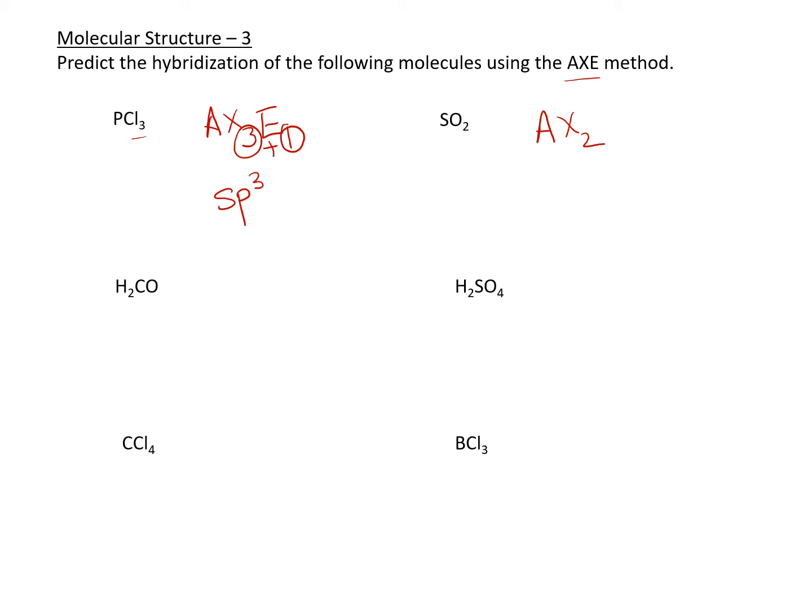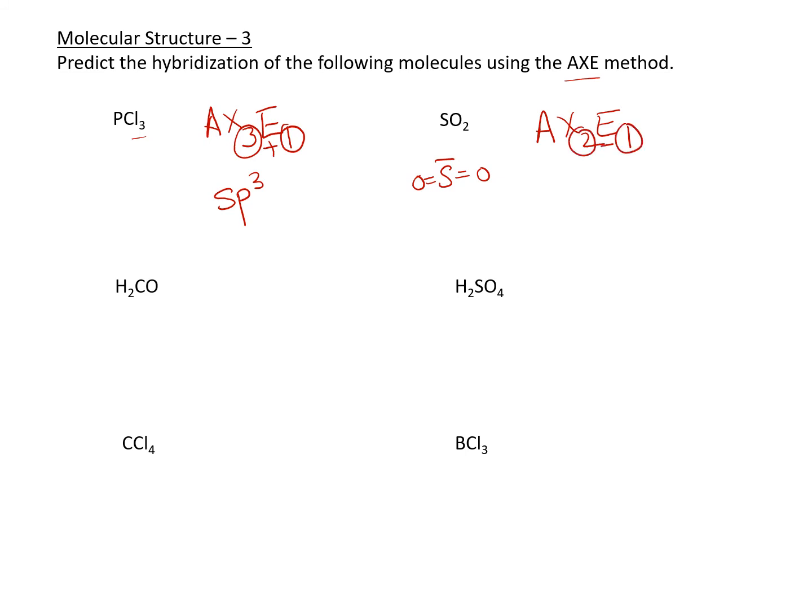How is it that 4 are bonded with oxygen? Because I know that oxygen requires 2 electrons to share in order to have an octet. So you have E1 left. Really quick, this is what the Lewis structure would look like. You have 1 electron pair left over, and so this is AX2E1.